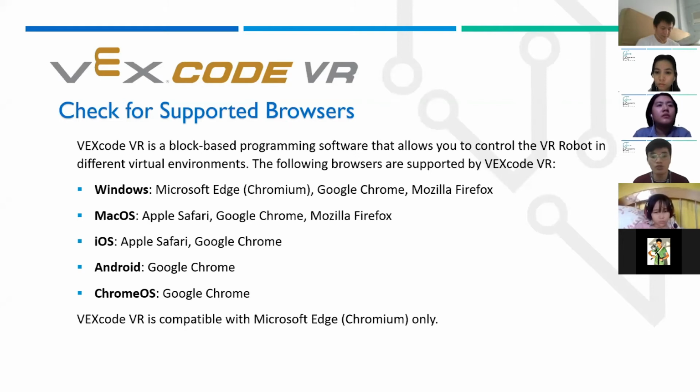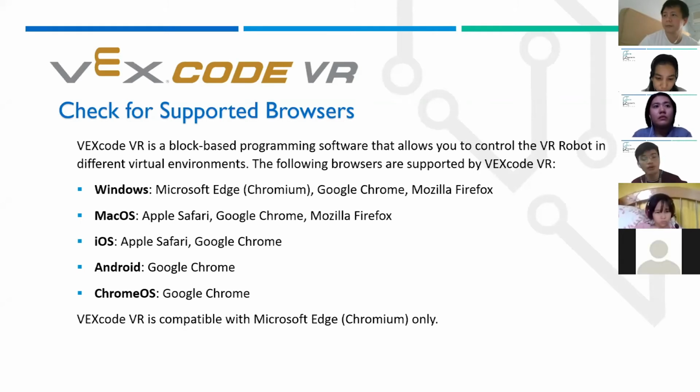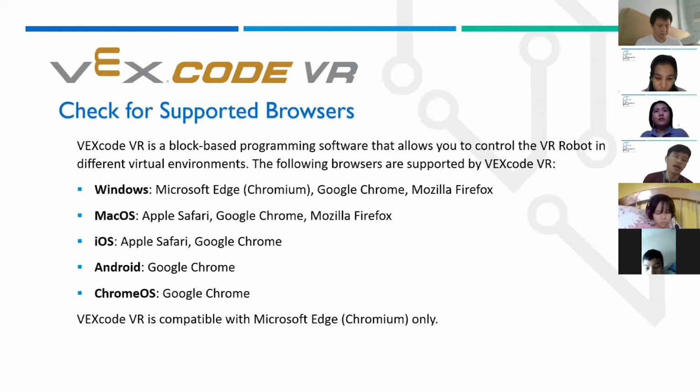You also have Google Chrome and Mozilla Firefox for Windows computers. For Mac computers, you can use Apple Safari, Google Chrome, or Mozilla Firefox. For iPhones, you can use Apple Safari or Google Chrome. For Android, both tablet and phones, you can use Google Chrome. And for Chrome OS, you can use Google Chrome. VexCode VR is compatible with Microsoft Edge Chromium only. That's a reminder again.